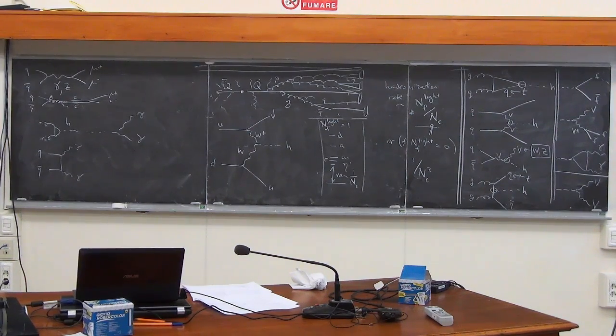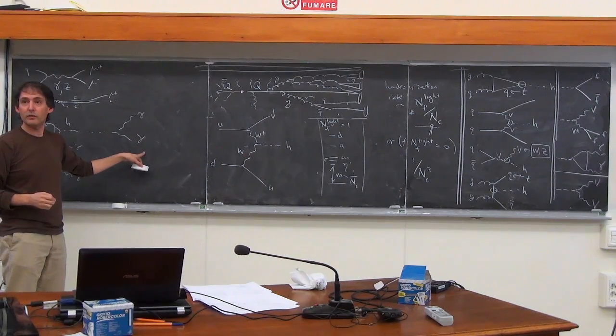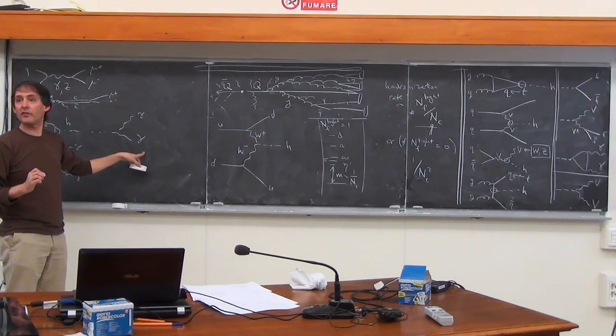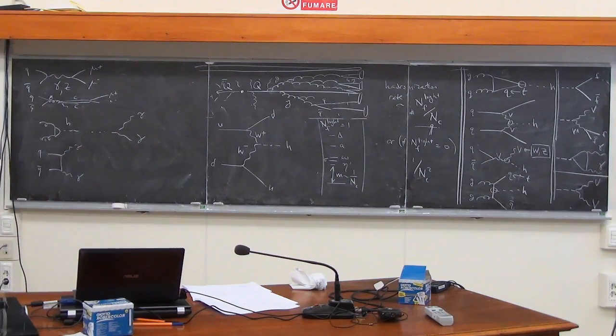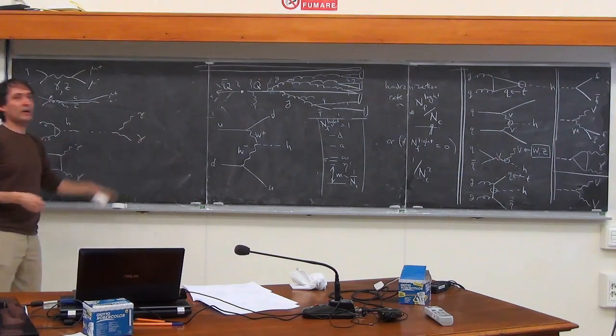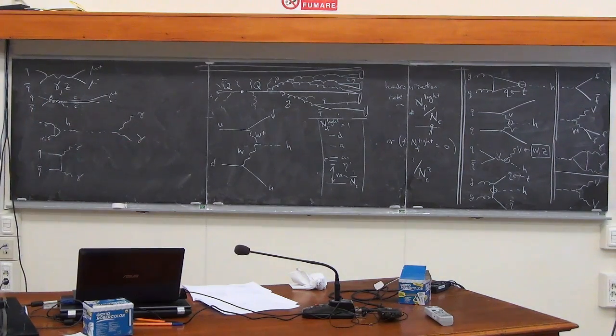So a key, both at Atlas and CMS, is to measure photons with very high precision. 1% sort of precision in the energy of these particles. And much better than that in the direction, if possible. Even 0.5% can do it. And of course, the invariant mass of the two photons has a resolution. The invariant mass of the two photons is the sum of the four momenta quantity squared for the two photons.